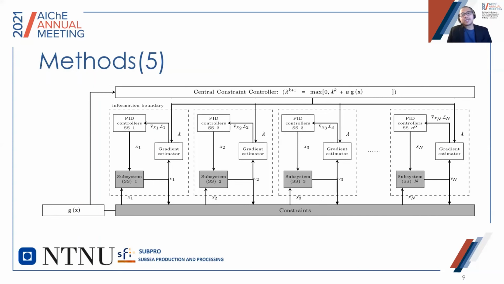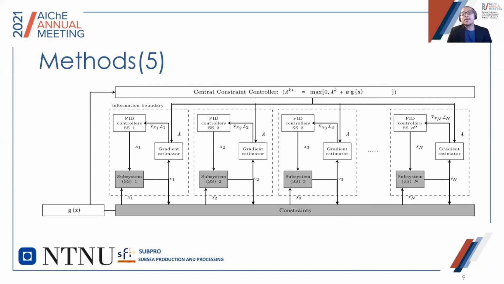To conclude this section, this figure illustrates the proposed method. As we can see, the constraint is controlled by a central constraint controller, or in the coordinator layer, by updating the shadow price. Then we distribute the shadow price to each local system to be used to estimate the local gradient of the Lagrange function.